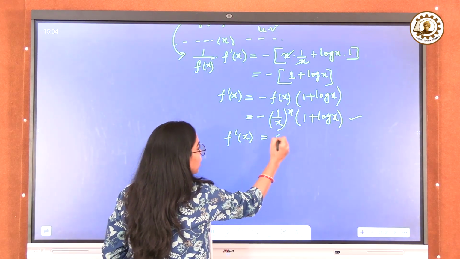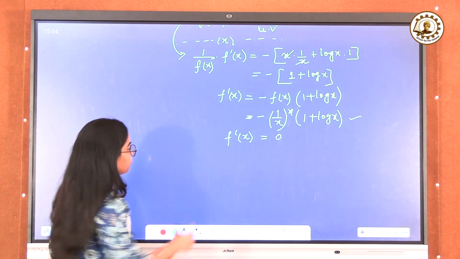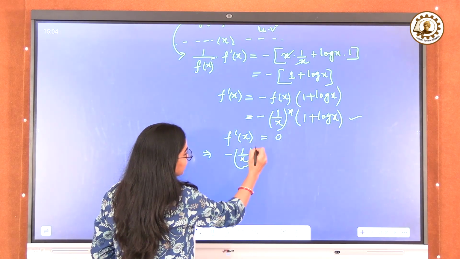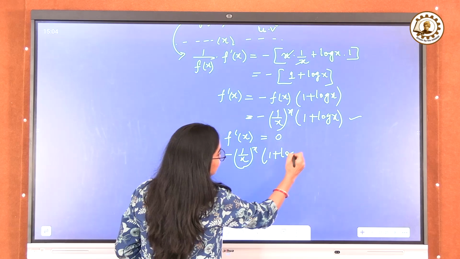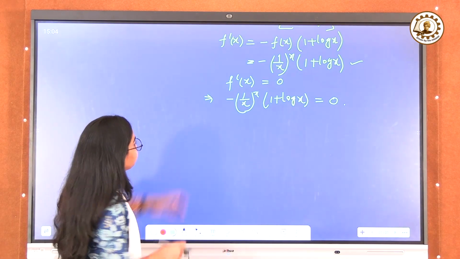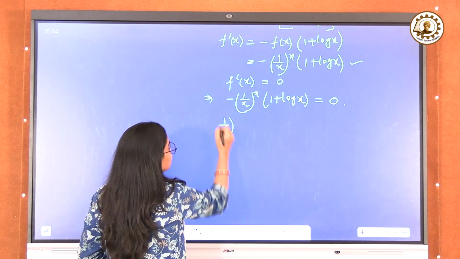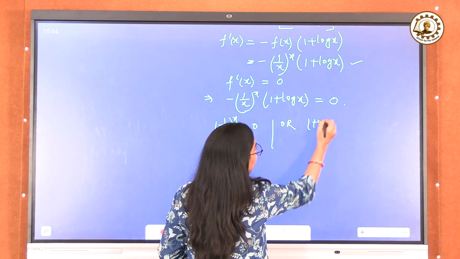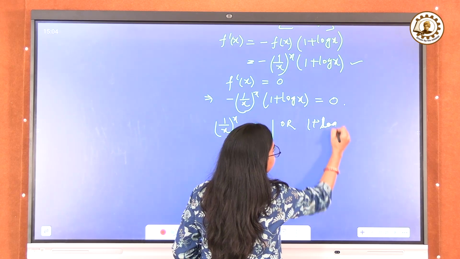Now we equate f'(x) to 0 and find the value of x. f'(x) = 0, that means (1/x)^x into (1 + log x) is equal to 0. So from here (1/x)^x is equal to 0 or 1 + log x is equal to 0.